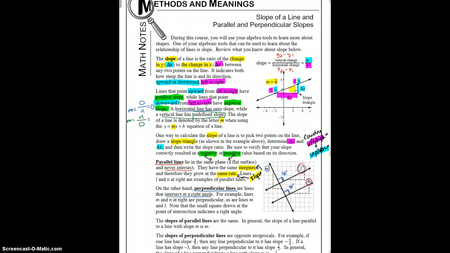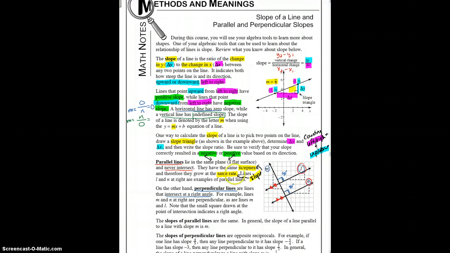I've also circled lines L and M to denote that they are parallel. As we get further along in this course, if two lines are parallel, they will have parallel line markings on them, little triangles indicating that the two lines point in the same direction and have the same rate.